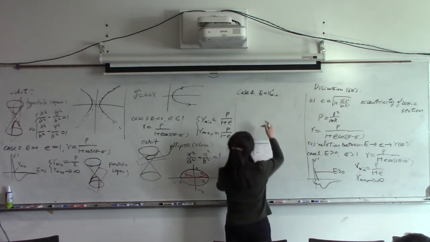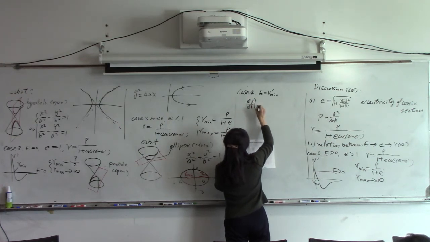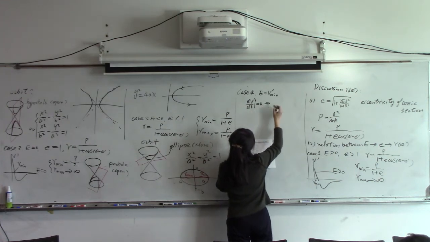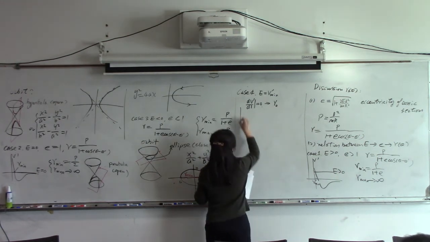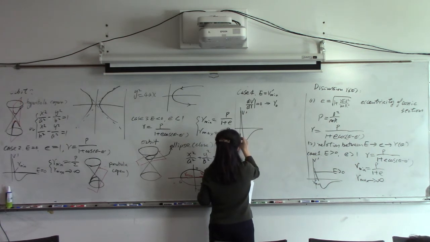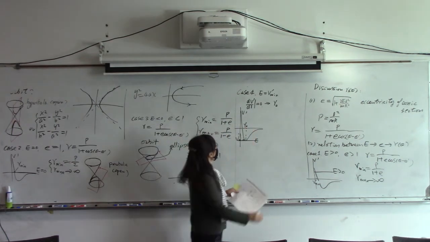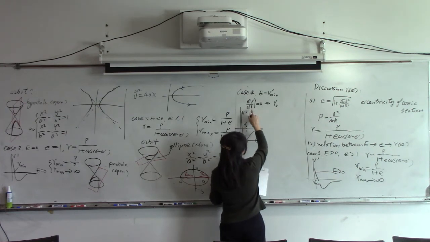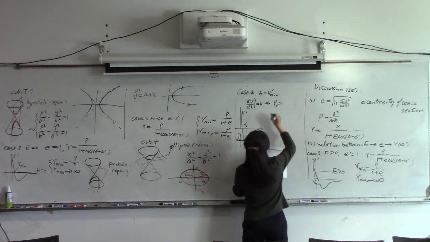I want you to focus: at the minimum of the effective potential, dV prime by dr equals 0. From this case we get r naught, because this is a circle. So that is V prime minimum, that is E here, and that is r naught here. To determine this circle radius, I'll just give you the result.